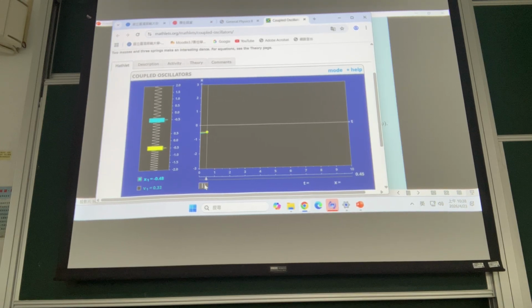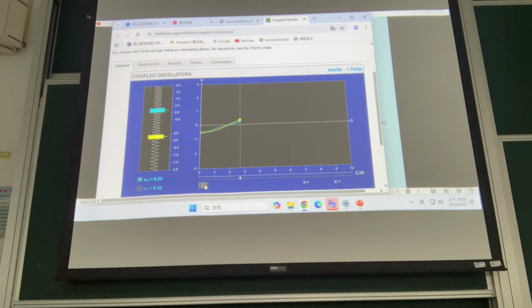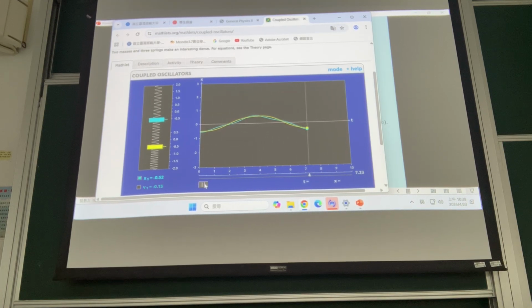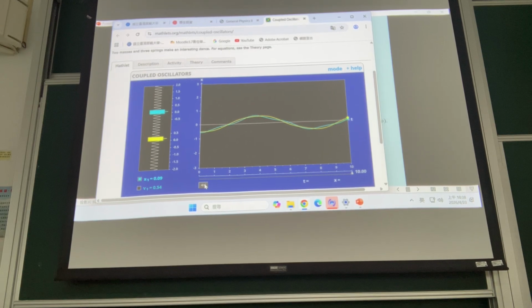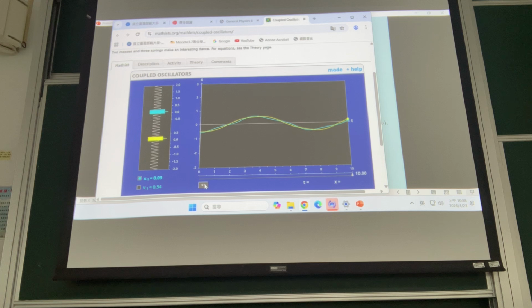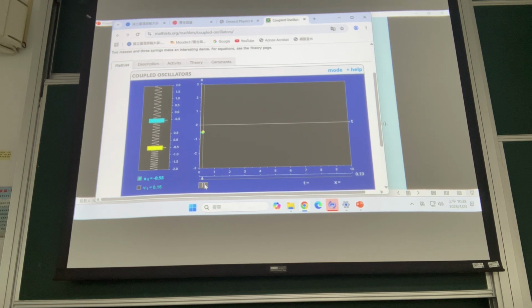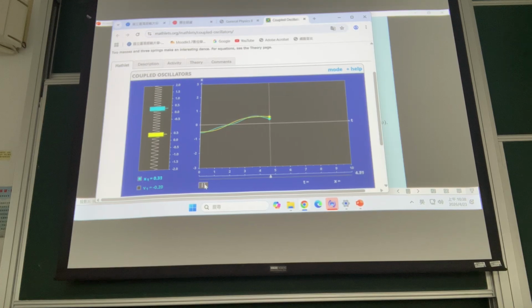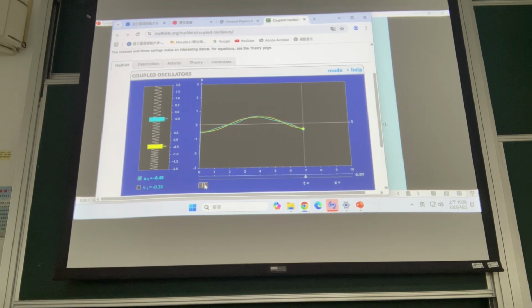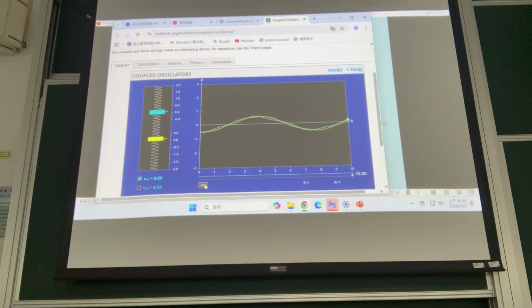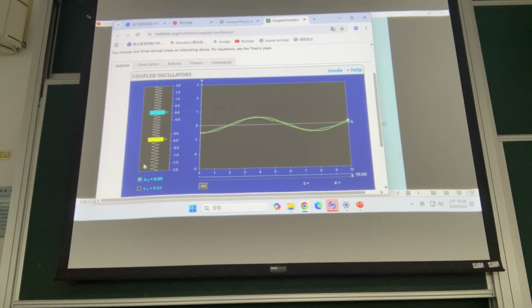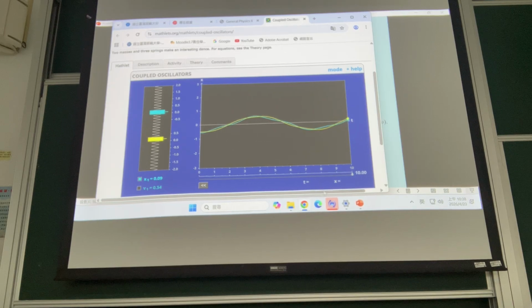There you go. I did not tune the starting point exactly right, but that gives you some idea. I will come back to the same motion picture later, but that's what the symmetric mode means. Okay, so you can see x1 and x2 are the same, so the same oscillating function. And from the left-hand side, you see that they move together.